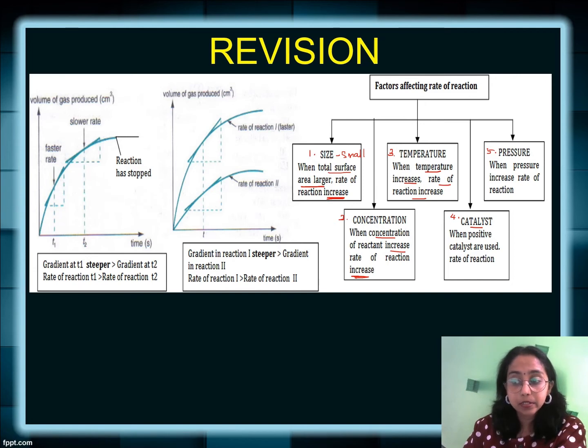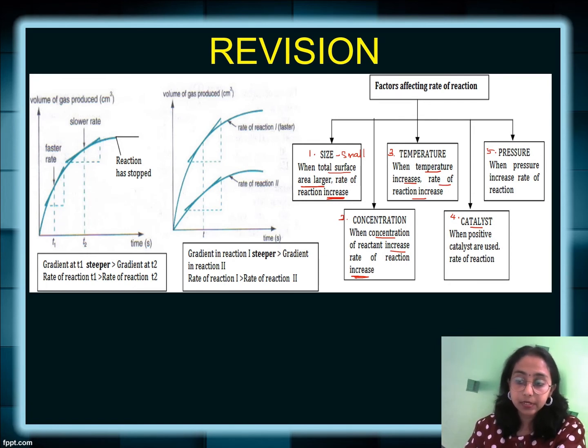They have plotted 2 curves in the same space. So now you can see they have 2 different curves. One is steeper than the other. The gradient in reaction 1 is steeper than in reaction 2. This shows that the rate of reaction for 1 is higher than the rate of reaction of 2.